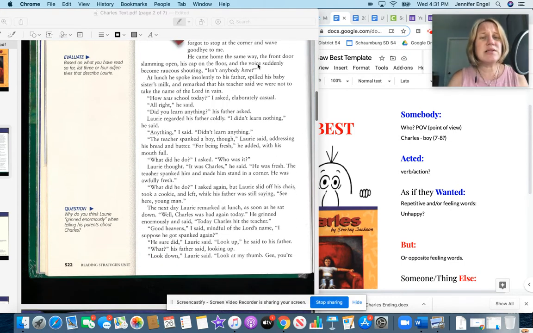He came home the same way, the front door slammed open, his cap on the floor, and his voice suddenly becoming raucous, shouting, "Ain't anybody here?" At lunch, he spoke insolently to his father, spilled his baby sister's milk, and remarked that his teacher said we were not to take the name of the Lord in vain.